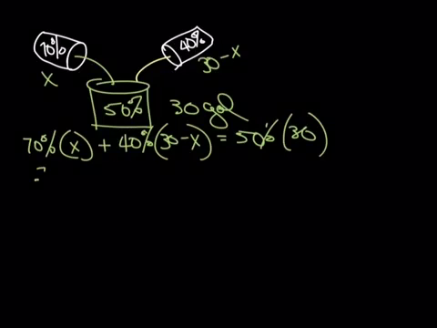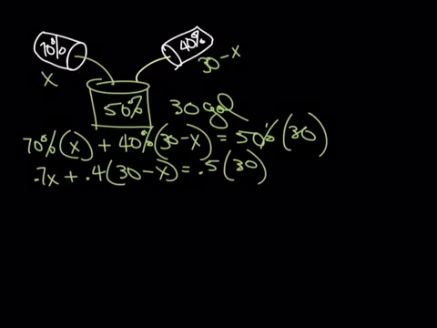Alright, so 0.7x plus 0.4 times 30 minus x equals 0.5 times 30. So I change the percents to decimals. 0.7x plus 0.4 times 30 is 1.2 minus 0.4x equals 15.